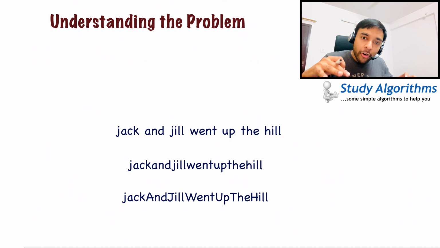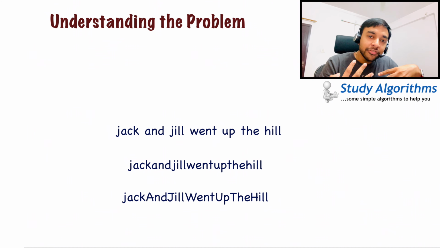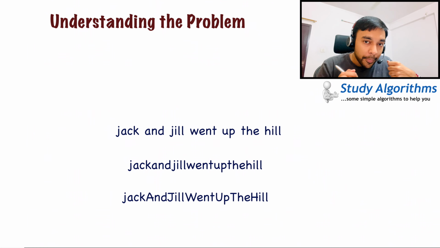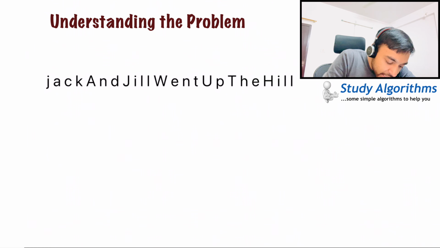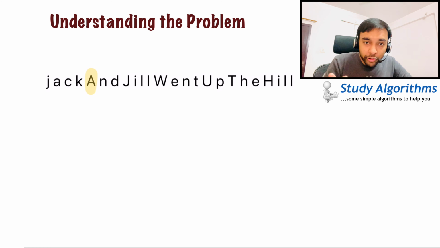So this forms a camel case. That is why a naming convention like camel case came into existence. Let us take back our original example. In this example, we see that the first letter is small and then as you start to move ahead, you see a capital A. This means that this is the beginning of a new word, right?